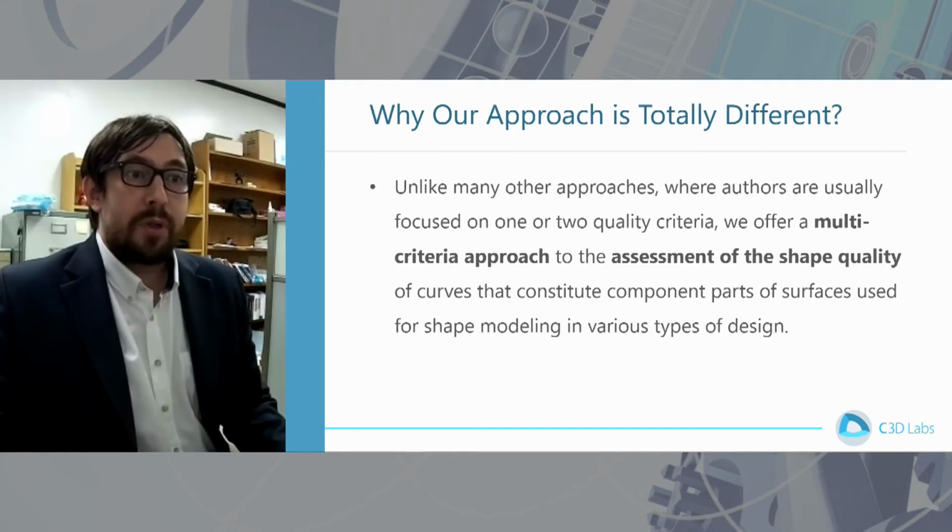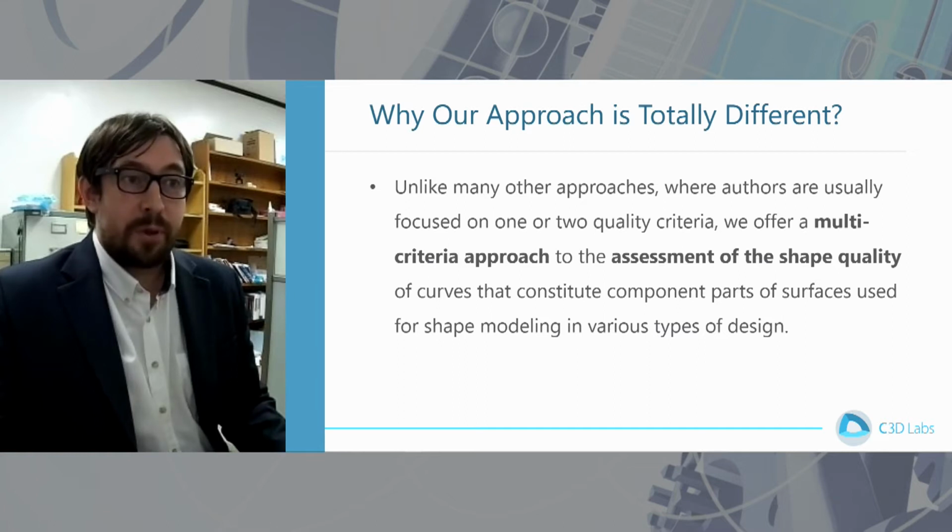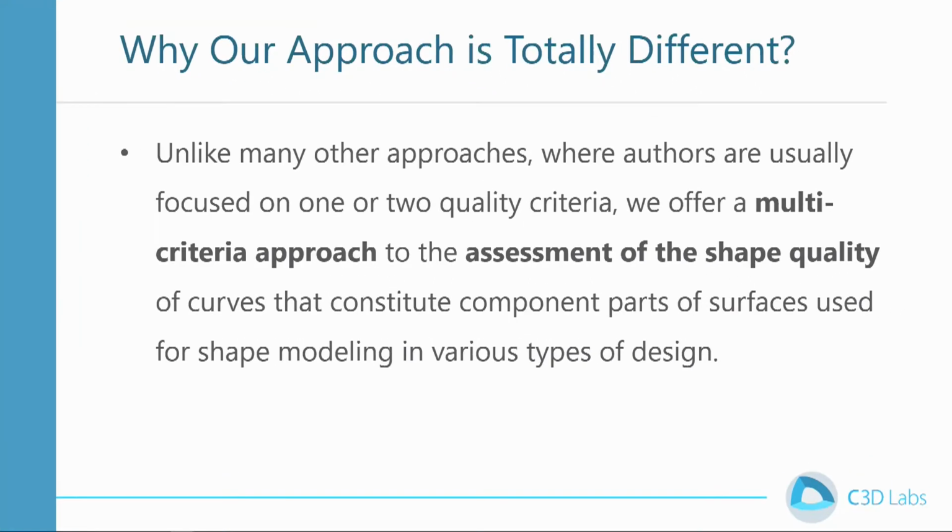Why is our approach totally different from other existing approaches? The aesthetic attractiveness of industrial products is critical to their market success. Curves in industrial design must meet aesthetic standards, since the characteristic lines of an industrial product are particularly significant for its aesthetic impact.